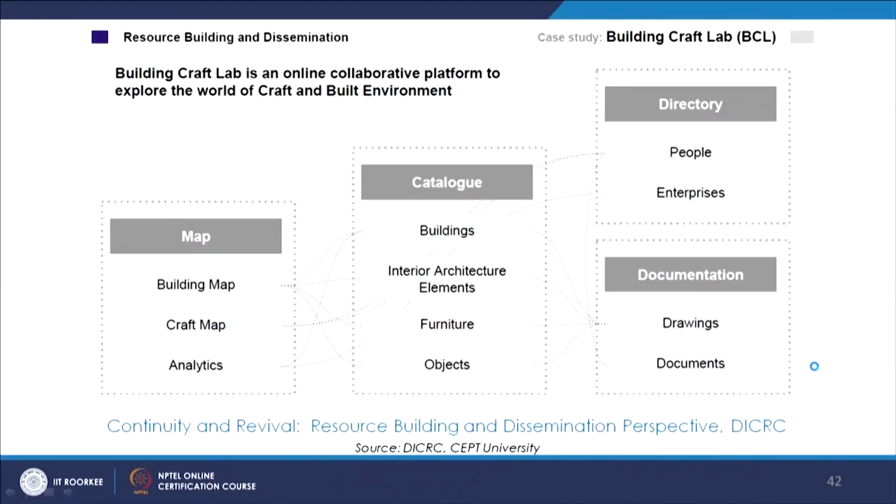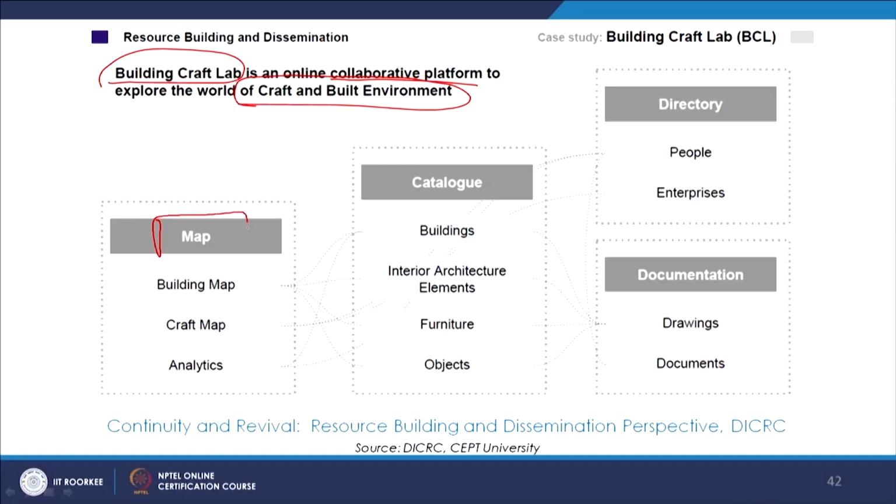And again, this building craft lab that I was mentioning is a very collaborative platform, and it is specifically to explore the world of craft and built environment. So whenever we talk about craft, interior architecture, building crafts, this is one specific online resource which is open and anybody could access, and it's a brilliant repository if you need information related to these subjects. So there is a mapping part, then there is a cataloging part.